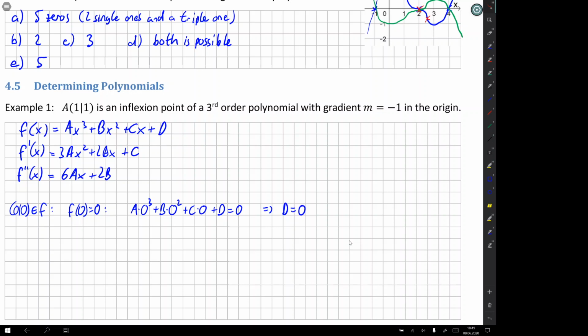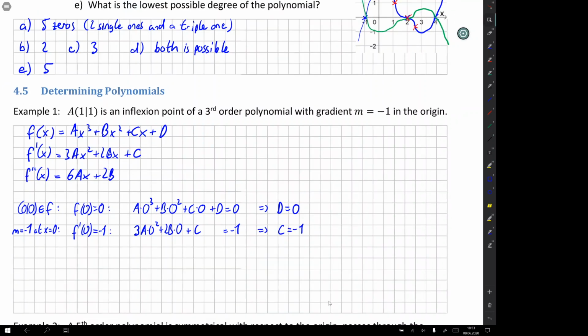As a second one, let us use that the gradient at the origin is -1 here. What does this mean? Well, that means that f dash of 0 is -1. We can insert that into the equation here, and in the end we find c is equal to -1.